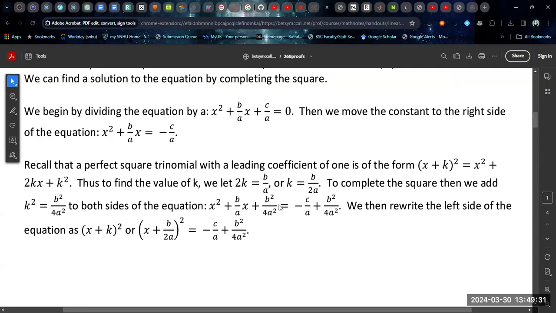And that's going to give me this expression right here. So again, this is just this expression from up here, but with my k squared value added to both sides. Now, I know by the way I set this up that this left side of the equation is going to be x plus k, quantity squared, or since k was equal to b over 2a, this is going to be x plus b over 2a, quantity squared. And this is my constant on the other side.